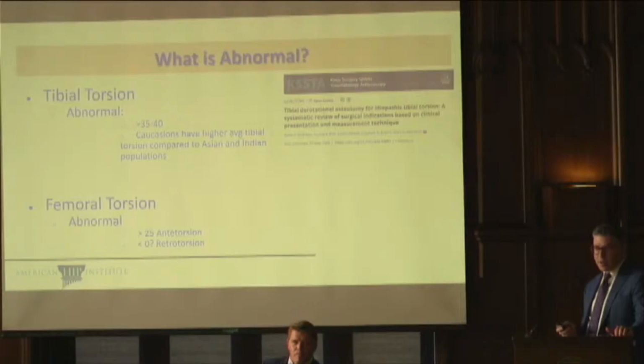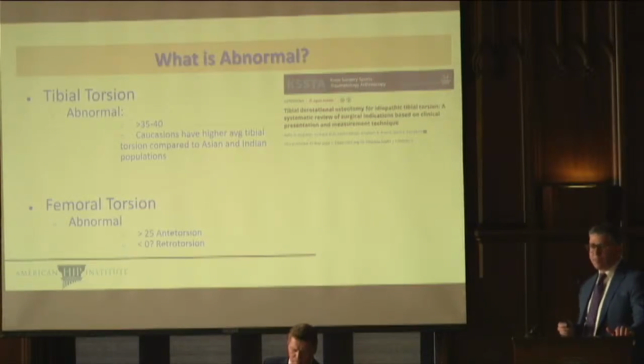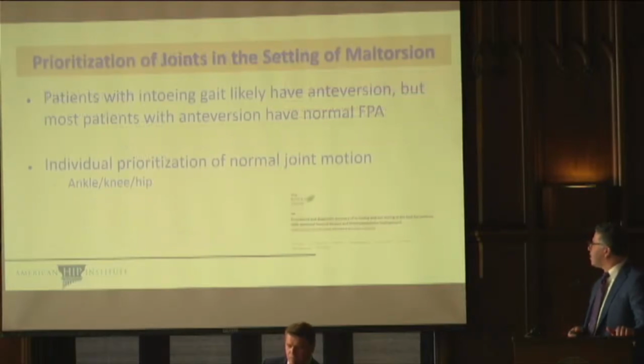Indian subcontinent has shown lower tibial version on average, same thing with Far East as well, maybe lower compared to the Caucasians. And femoral torsion, I think there's been more of an acceptance of 25 degrees as maybe an upper limit of normal. What the lower limit of normal is, is it 0, is it -5, is it 10 degrees? I think the topic is still debated and ongoing, and how that affects our treatment options.